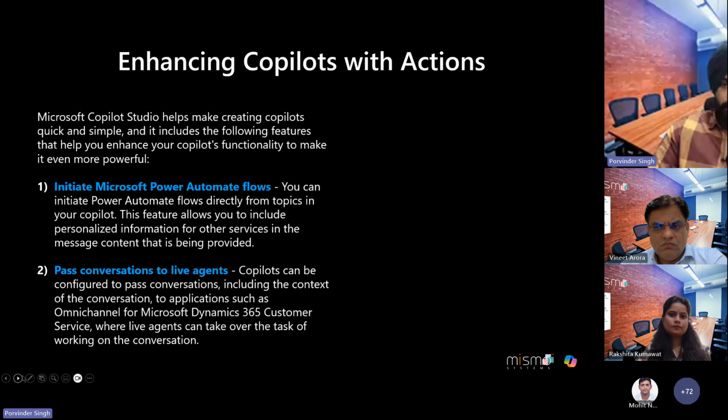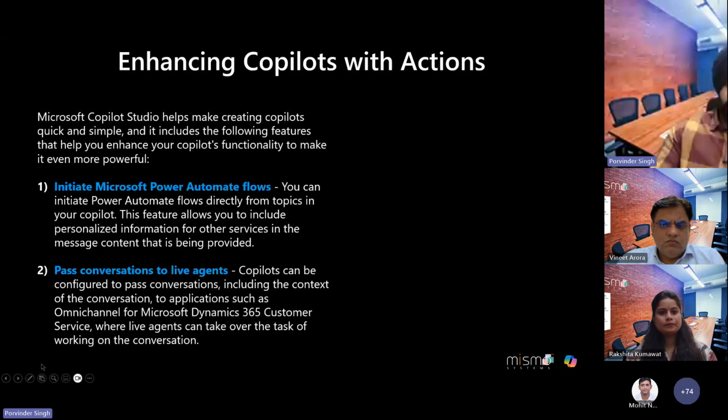And how Copilot helps is that it adds depth to the interactions the user is having with the Copilot. So actions basically refer to specific operations that the Copilot can initiate or perform on behalf of the user. And we have the following options.